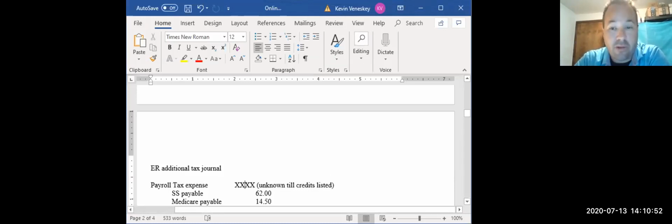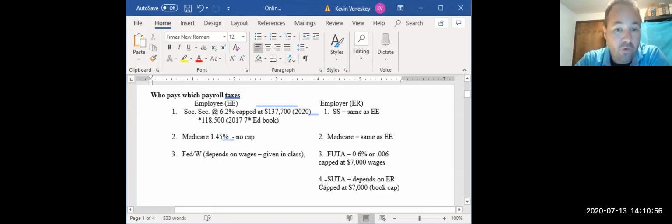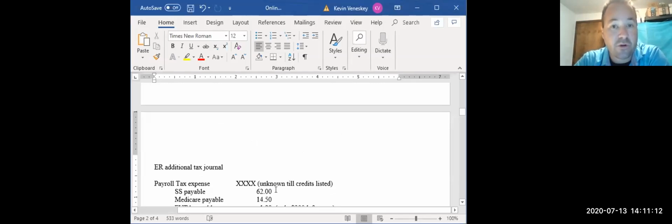So remember, if we go back up to my little cheat sheet here, the 4 things that the employer has to pay in addition to what the employee pays. Social Security and Medicare are exactly the same. So I'm going to credit those, if you remember the 2 amounts. I'm going to put another $62 that I owe Social Security and another $14.50 that I owe Medicare.